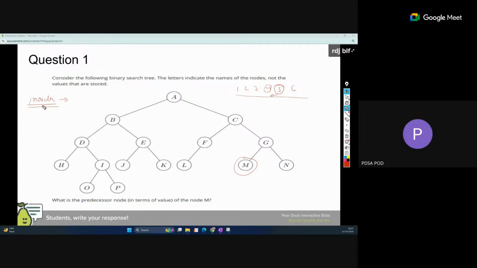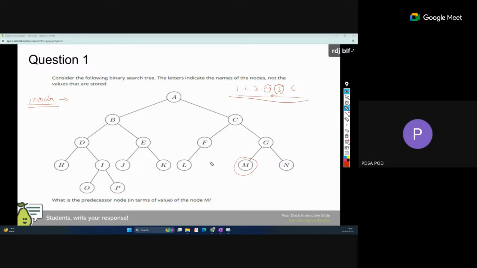So if you know how in order traversal works, you can apply it and you will get a sequence in increasing order. At that time you can see where M is coming, and just return the previous adjacent node as the answer for this.